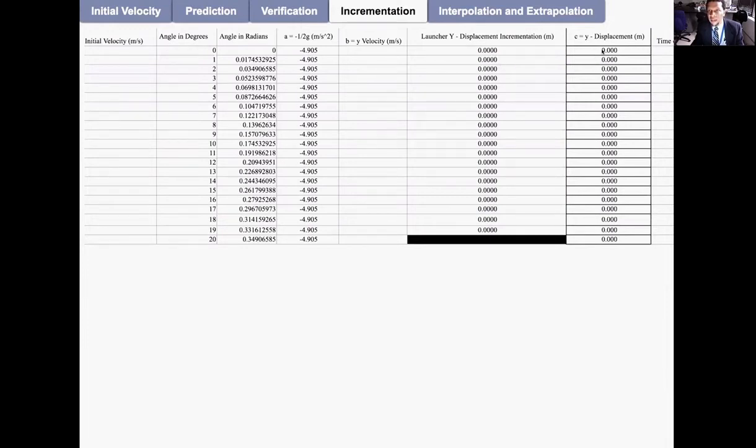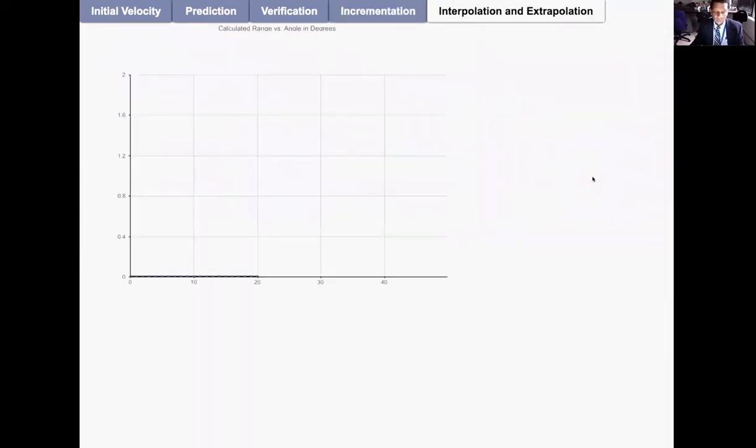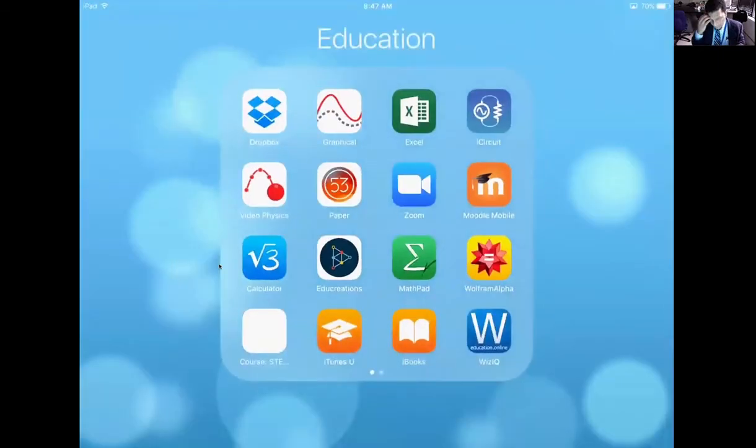And so we're just adding these increments here, okay? And ultimately, we're going to get some interpolation and extrapolation curve here, and we'll discuss that probably towards the end of this. So this is the calculator, and let's just go into paper and let's discuss this a wee bit more.